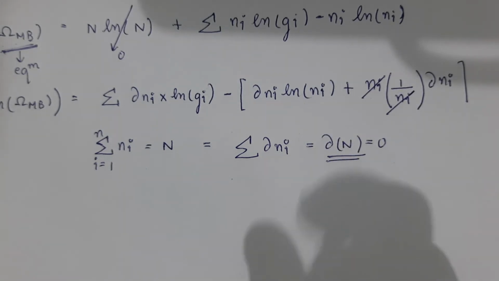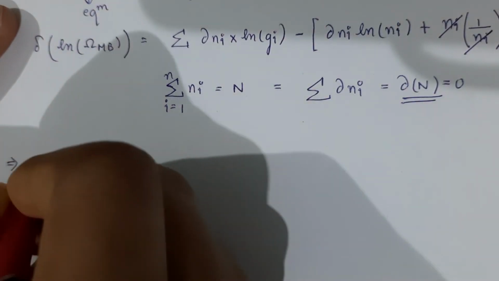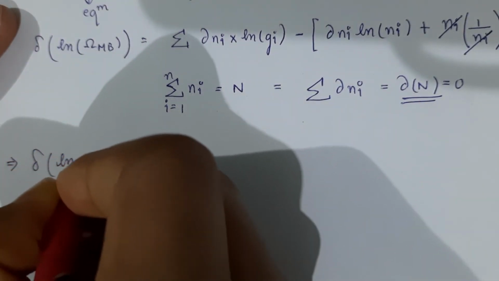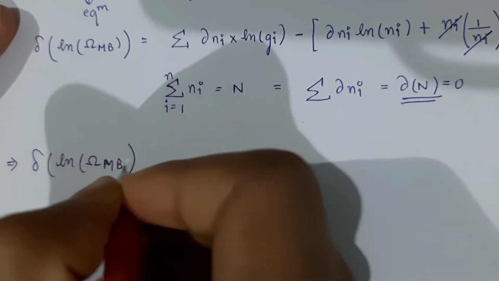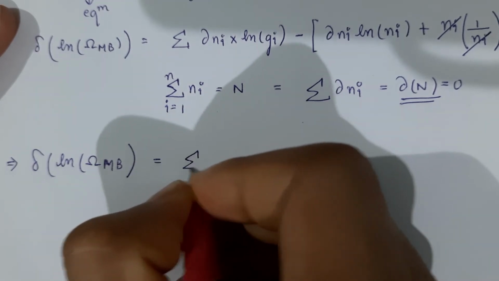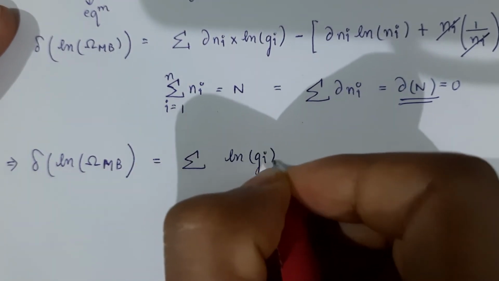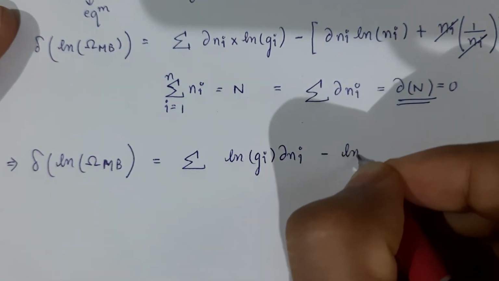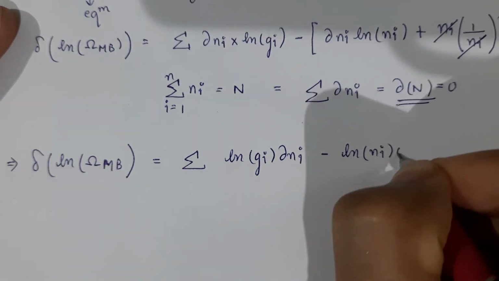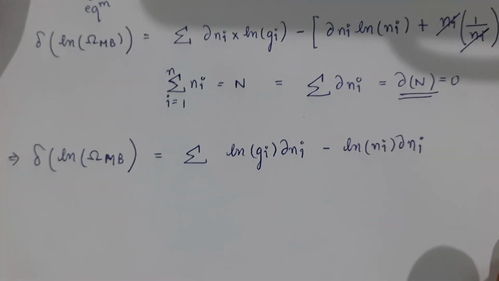So the final expression that we will get will be: the differentiation of the ln of the representative factor of Maxwell-Boltzmann is equal to the summation of ln of Gi d of Ni minus ln of Ni d of Ni. So this is the final expression that we are getting.